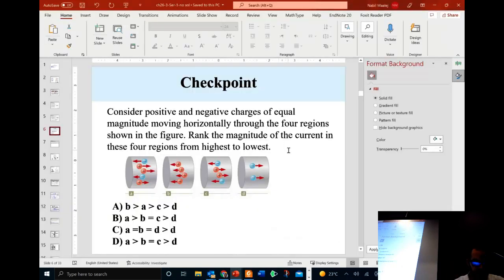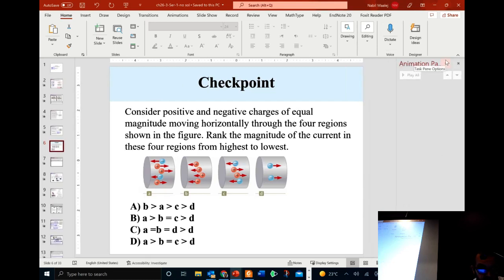Let's take this case. By convention, we take current as the flow of the positive charges, when in reality it's negative charges that move. So what is the number of charges flowing in this case?